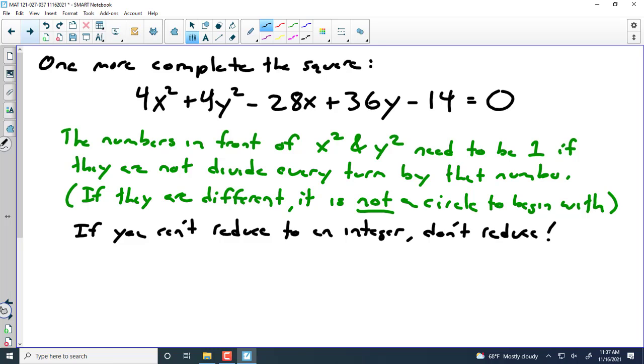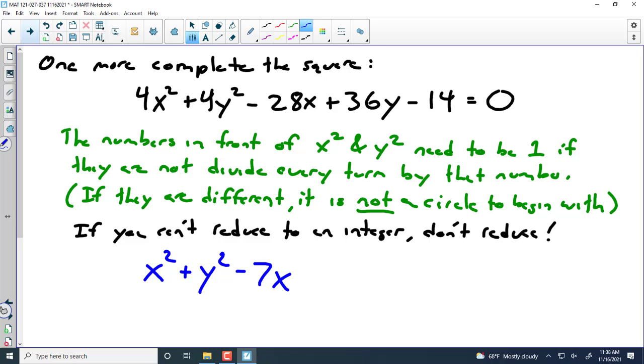So what am I about to divide everything by? 4. We're going to divide everything by 4. Is everyone cool with that? Everything gets divided by 4. What's 4x squared divided by 4, class? X squared. What's 4y squared divided by 4? Y squared. What's negative 28 divided by 4? Negative 7. And we can reduce that all the way down to an integer, so we do.